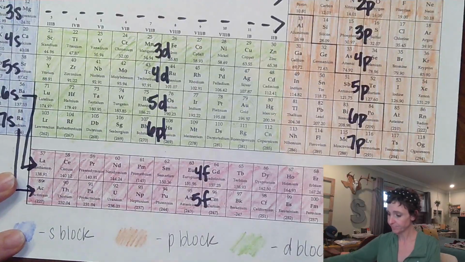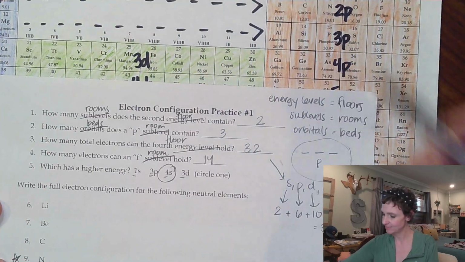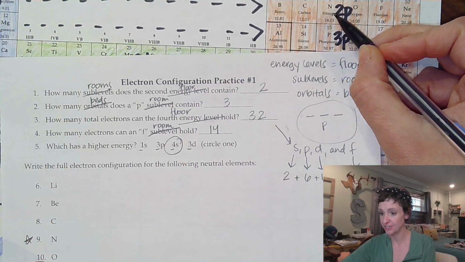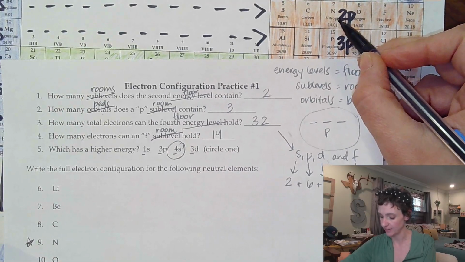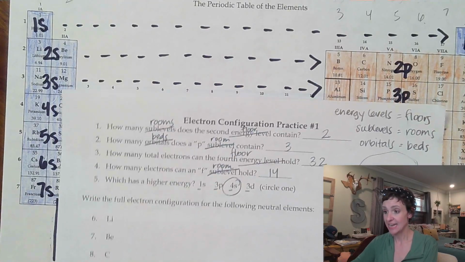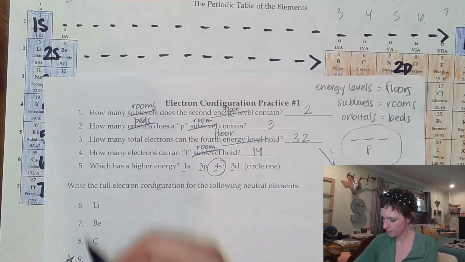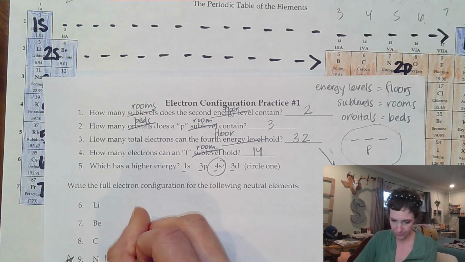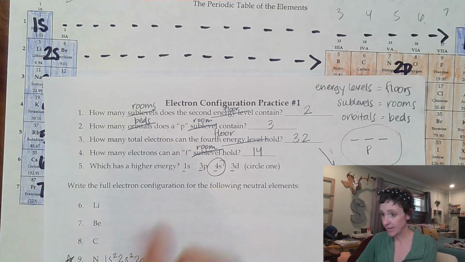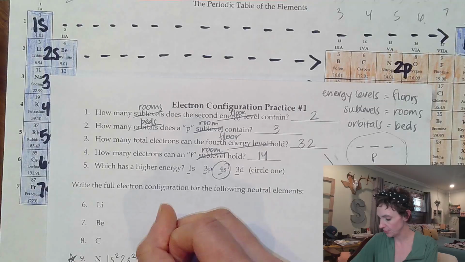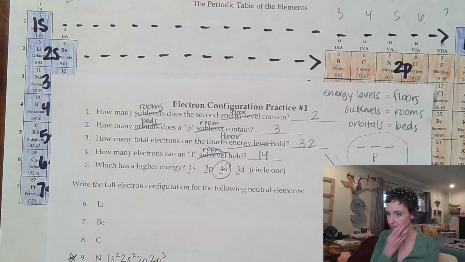Let's do nitrogen. So nitrogen, he is right there. Atomic number 7, which means my notation for nitrogen is going to represent 7 electrons, right? So we're going to start at 1s. And to get to nitrogen, we are going to go 1s2, 2s2, 2p, stopping at nitrogen in the 2p room, so 2p3.